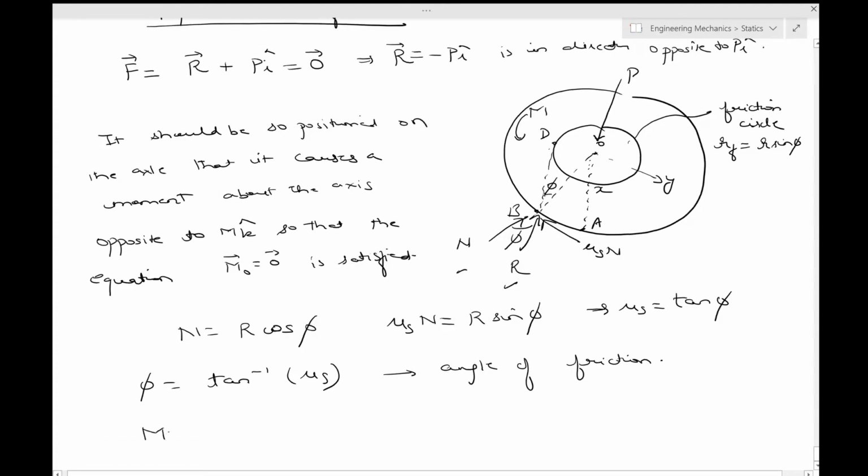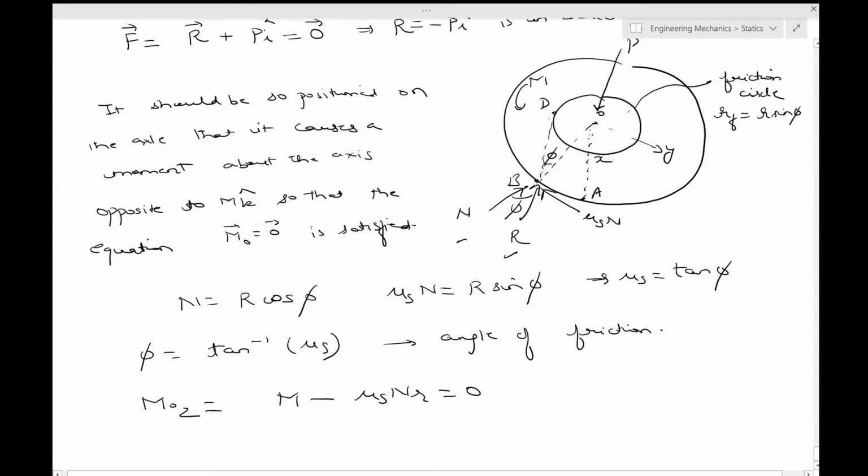Now M_O along this k direction, x cross y, so coming out of the screen, is M minus mu s N r equal to 0. N does not contribute to the moment because it's along the line. This implies that M is equal to mu s N r, and mu s N can be taken from over here as R sin phi.